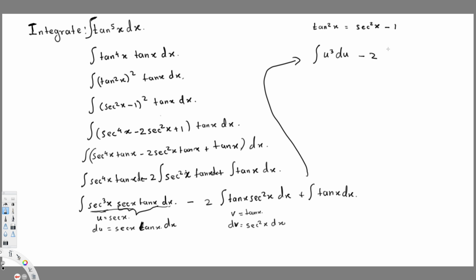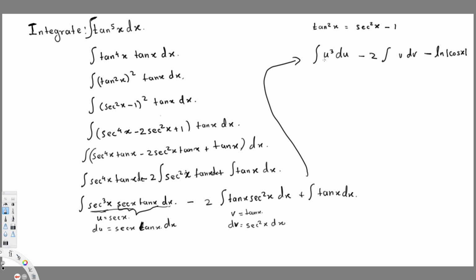So this is 2 times the integral of v dv, and the other one is a direct integral. You can write it as ln cos x with a minus, or plus ln sec x, both are the same thing.